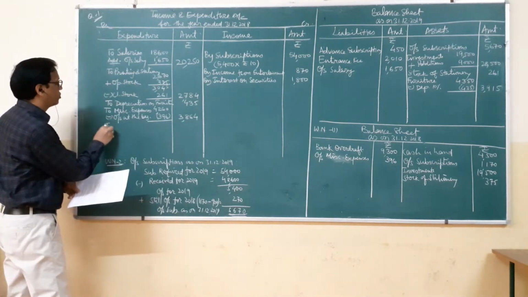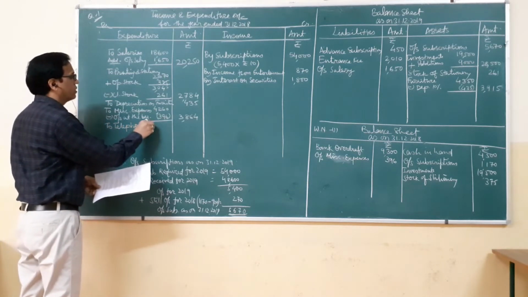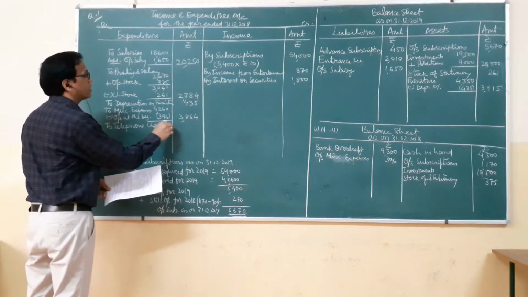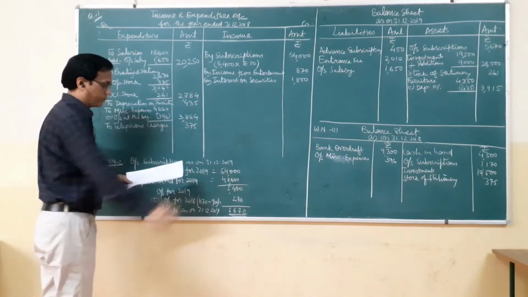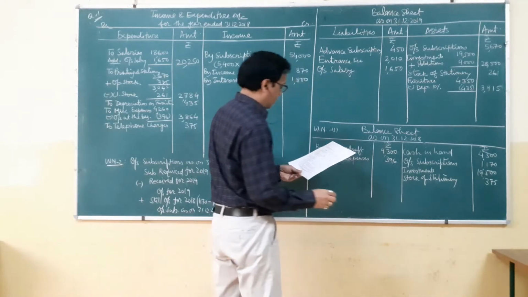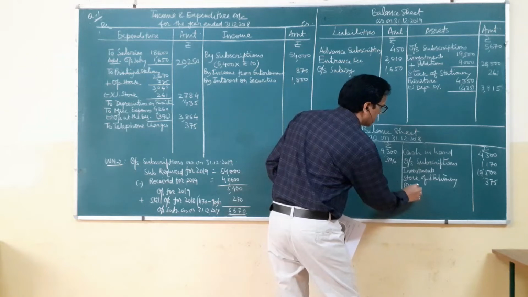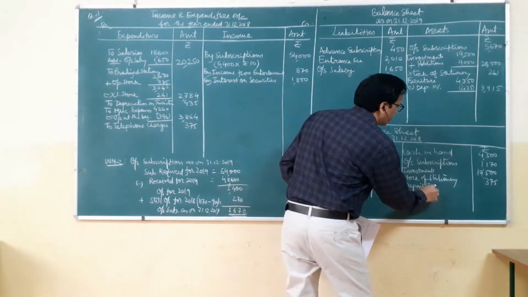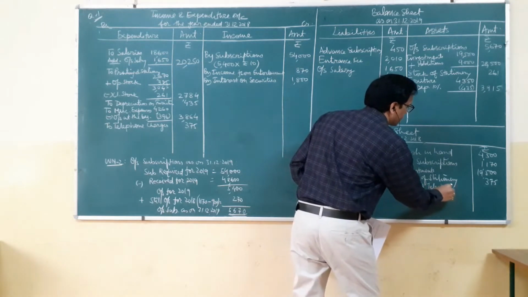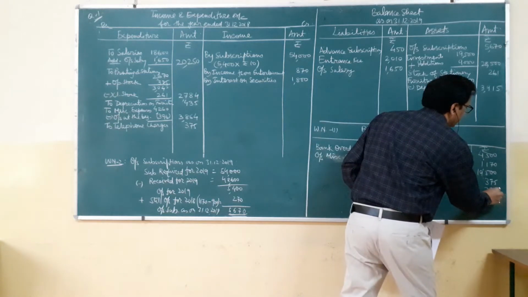So we write here telephone charges 375. That only relates to the current year, and it was paid last year, which means prepaid. So prepaid telephone charges last year, 375.